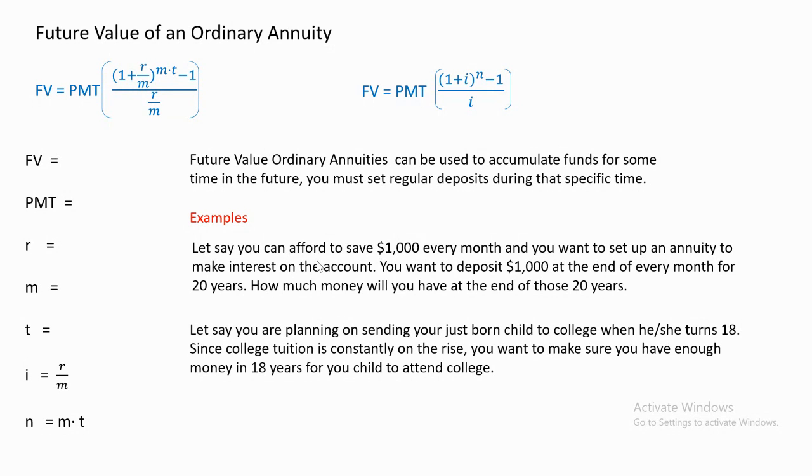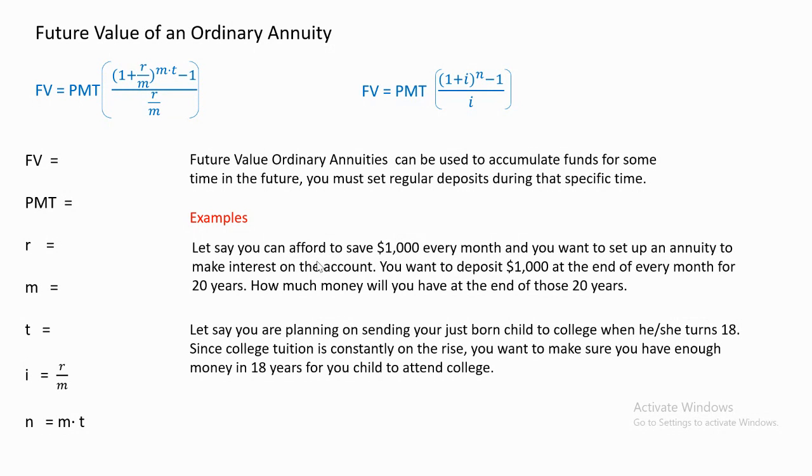So more likely, when your kids, if you have kids, turn 18 or 20, they won't qualify for financial aid anymore, or maybe only partial. Why am I saying this? Because more than likely, you guys are going to be making a lot of money so that your kids do not qualify for financial aid. So this formula can help you save money for your kids when they turn 18.